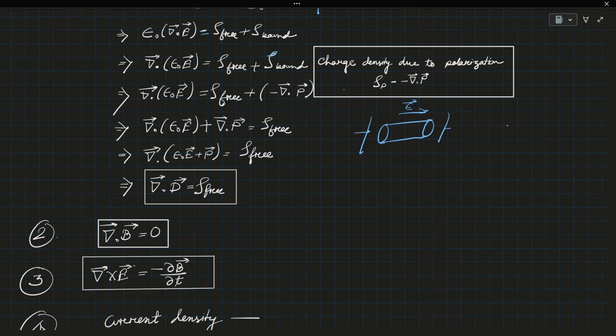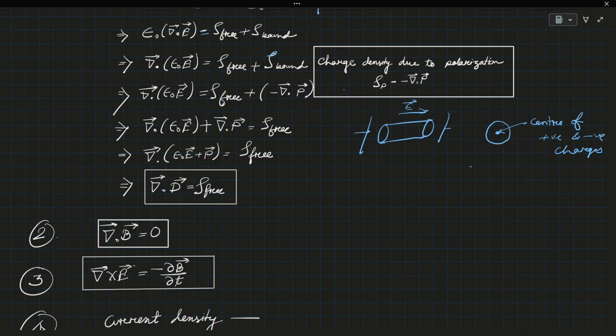Initially, the center of the negative charge and the center of the positive charge were coinciding. But as soon as we apply this electric field, what will happen?